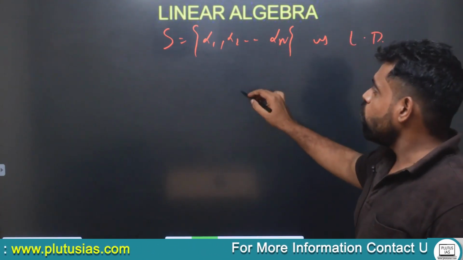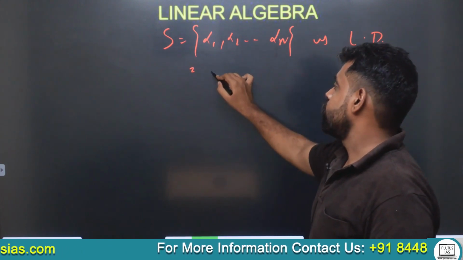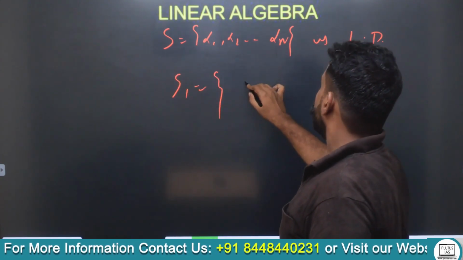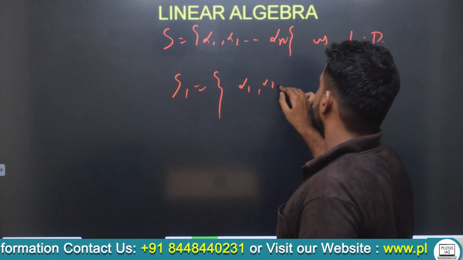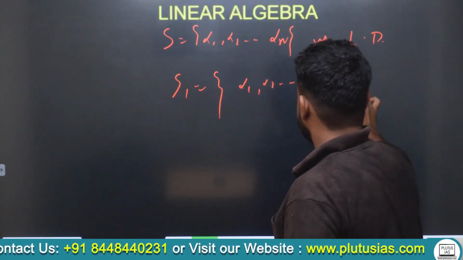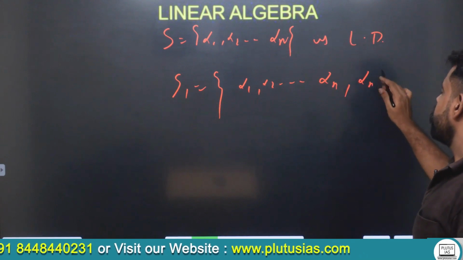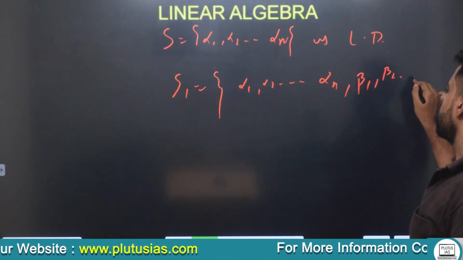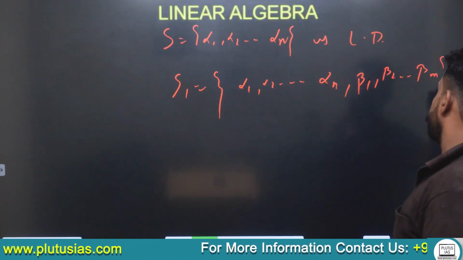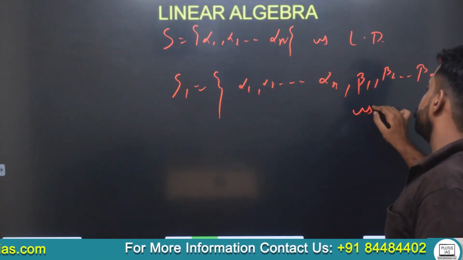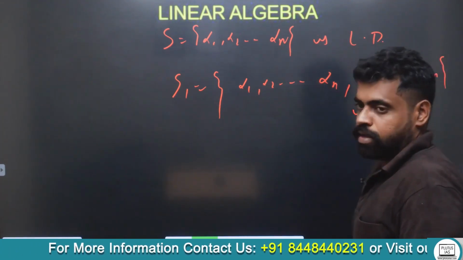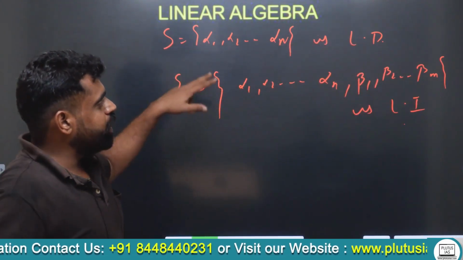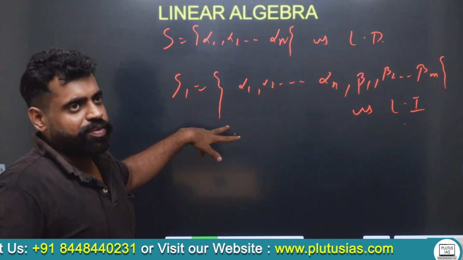Okay, so can I say, another set: alpha 1, alpha 2, ..., alpha n, all these elements are there, and some more elements as well, say beta 1, beta 2, ..., beta m. Can I say this is linearly independent? This is linearly dependent and this is linearly independent. Is this statement true?